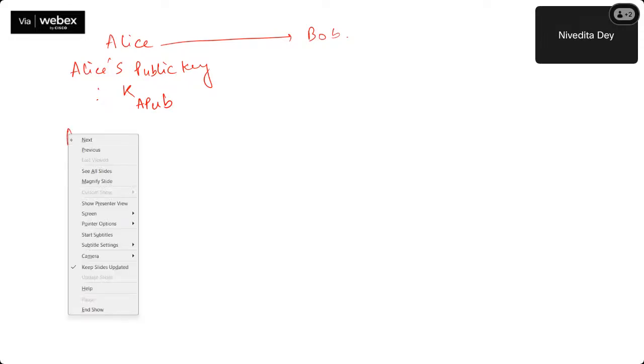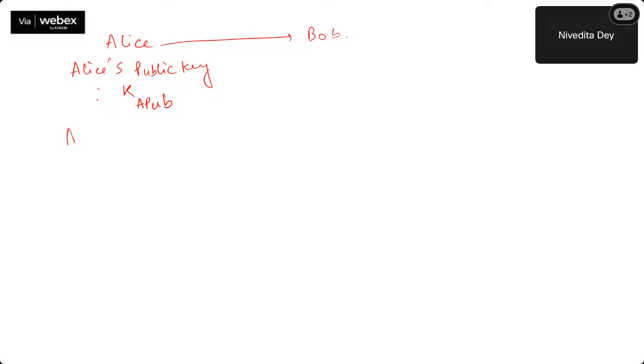Say, for example, Alice wants to send something to Bob, where Alice has a public key. Let me call it key of A pub. Let me use this nomenclature. And she also has a private key.